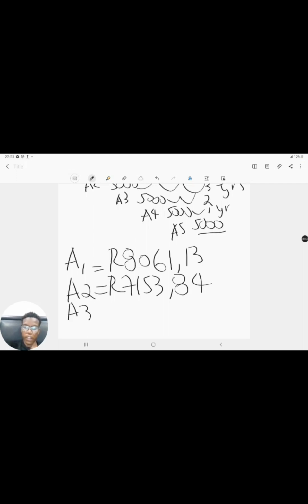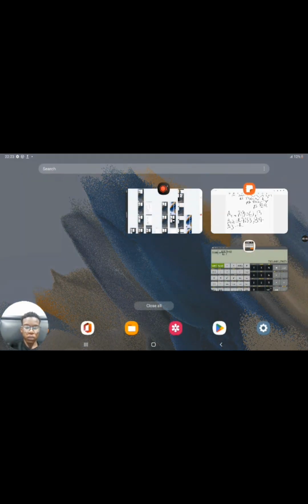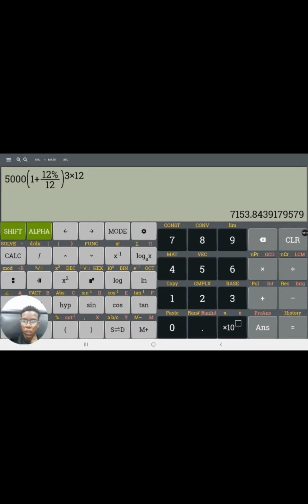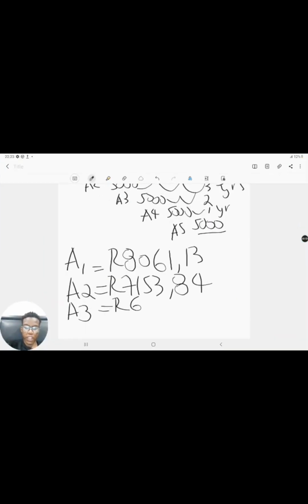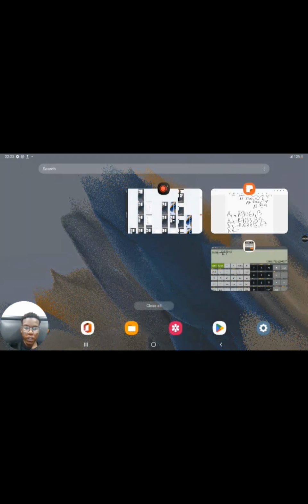Then A3 is equal to 6348.67. And A4 is going to be just 12.